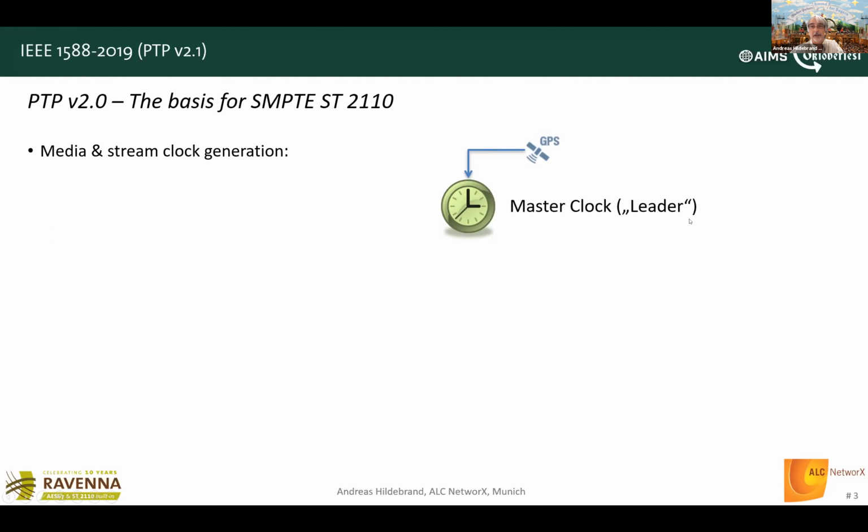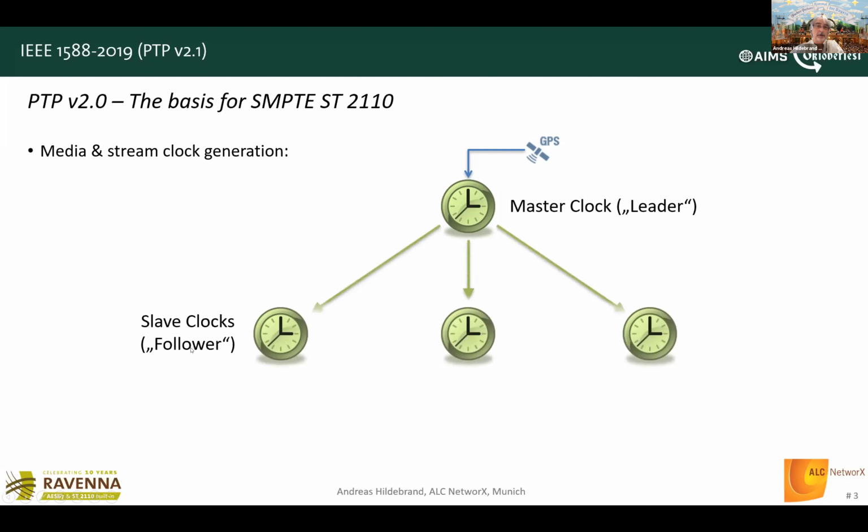And as you can already see, the SMPTE 2110 drafting group is trying to replace all insensitive and maybe discriminating language with other words. So they decided to change master clock into leader clock. Likewise, we have slave clocks, which are now called followers. And those are synchronized through the PTP protocol to follow the leader exactly enough.